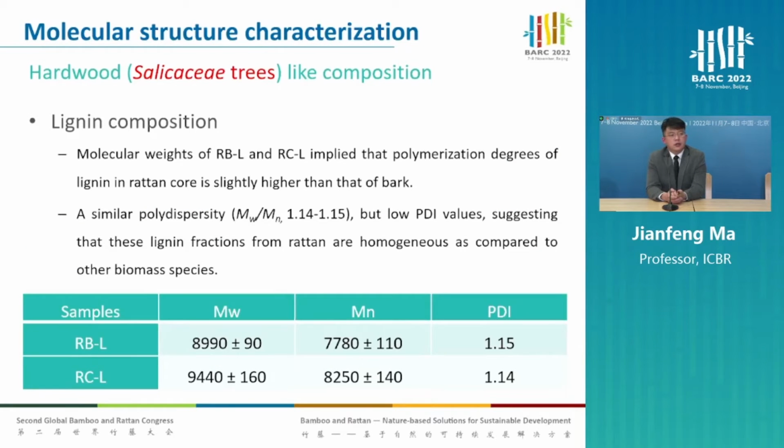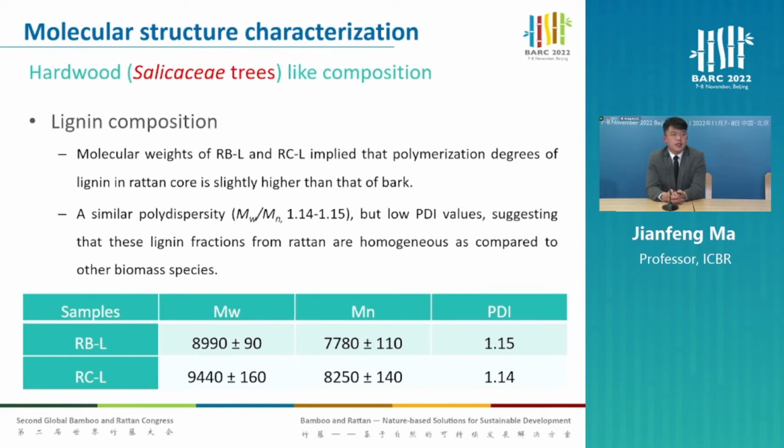In order to further reveal the molecular structures of the rattan, we separated the lignin, hemicellulose, and cellulose from the rattan cane. The lignin was separated by the DEIO approach, which was proposed by Professor Wen Jialong from Beijing Forestry University.